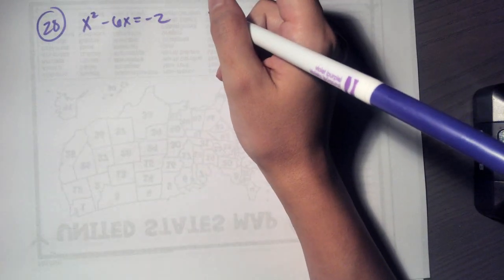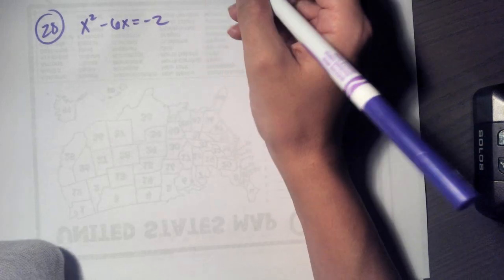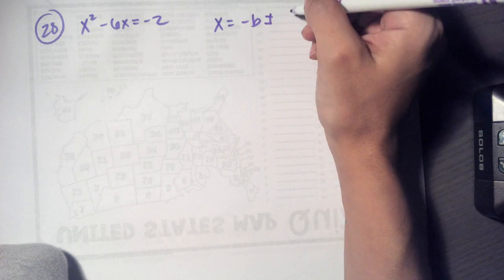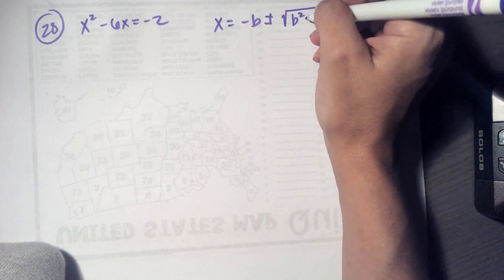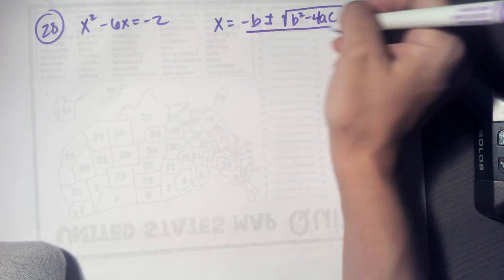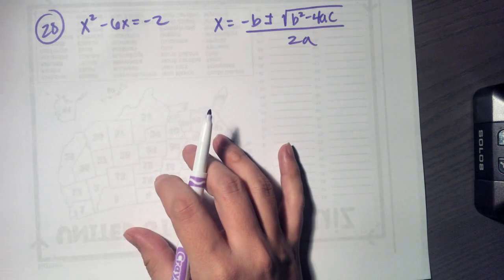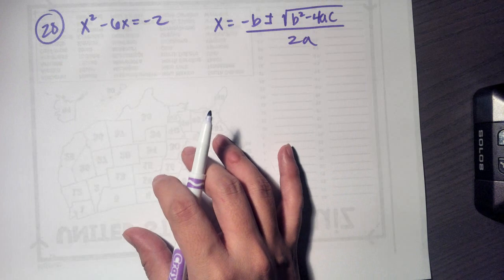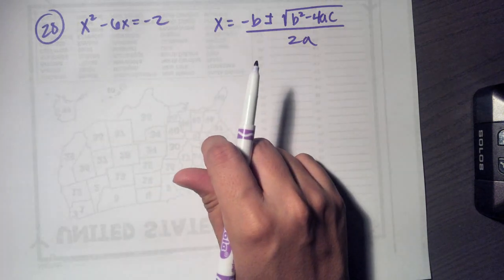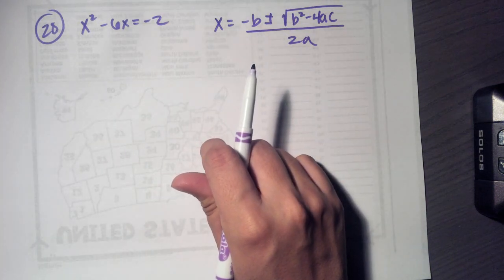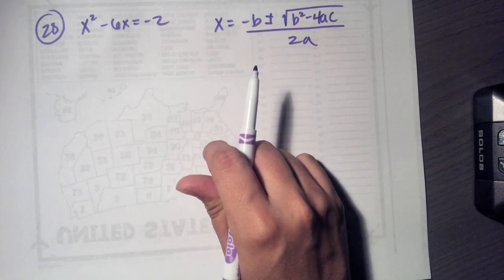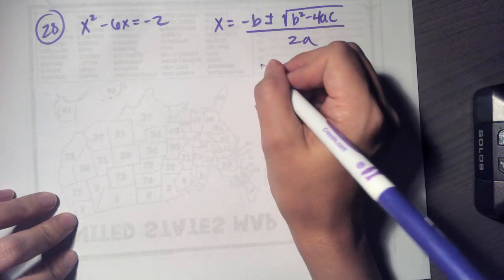So for this one, you guys remember your formula is x equals negative b plus or minus square root b squared minus 4ac all over 2a. So your a is going to be the leading coefficient for x squared, your b is going to be the leading coefficient for x, and c is your c value, which is just the number without the variable, but it has to be in standard form.